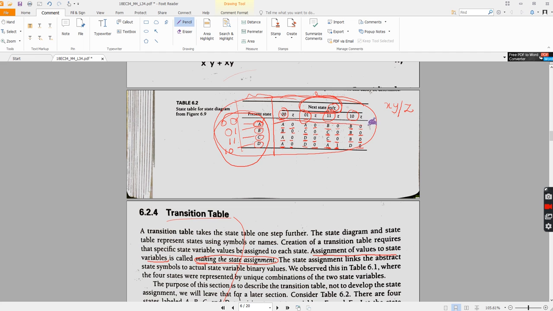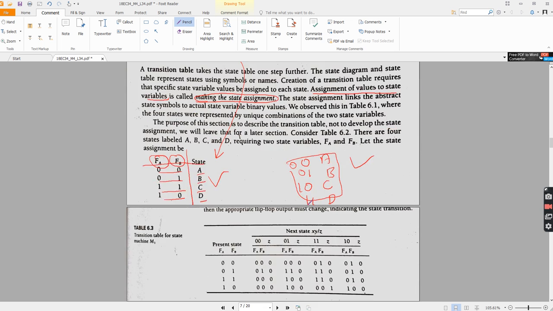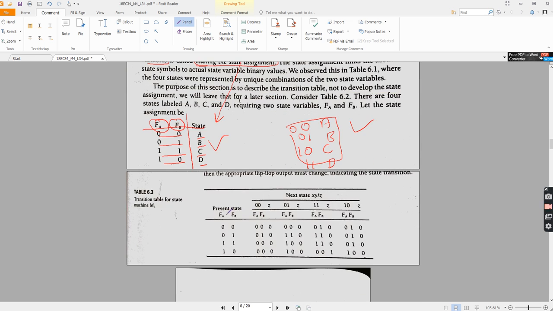I'll add one more row here, and these numbers I will replace by FA and FB. Getting? Understanding? So what I have done here is FA FB, and everywhere FA FB will come. Understood? Yes or no? Getting?